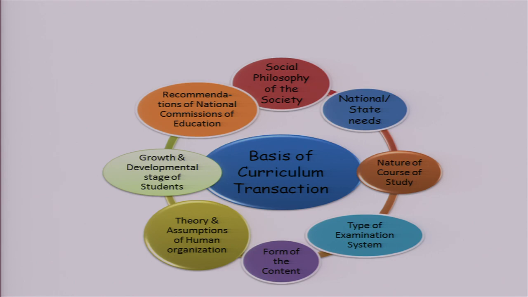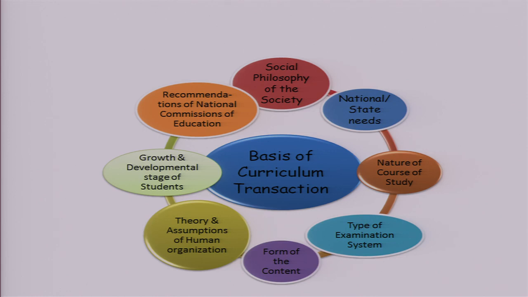Third, nature of course of study. Next, type of examination system. Then form of the content, theory and assumptions of human organization. Next, growth and developmental stage of students. Then recommendations of National Commissions of Education. Let us discuss one by one what is coming under each aspect.